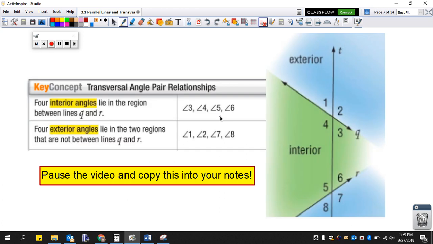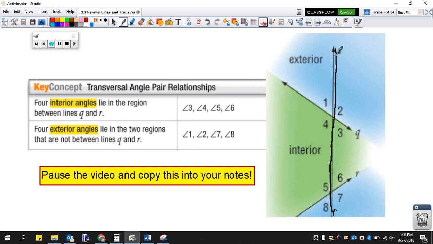All right. So the next thing that we're going to look at is the interaction of three different lines. All right. So if you have two lines that are on a plane, and you have another line that cuts across both of those two lines, like in this case, this line right here.